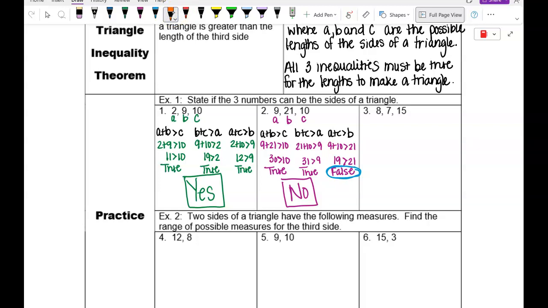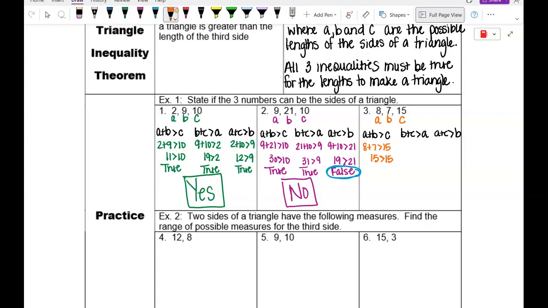All right, number 3, 8, 7, and 15. Again, one of them is A, one of them is B, one of them is C. A plus B is greater than C. B plus C is greater than A. A plus C is greater than B. So 8 plus 7 is greater than 15. 15 is greater than 15.